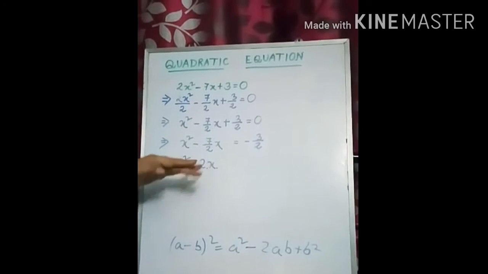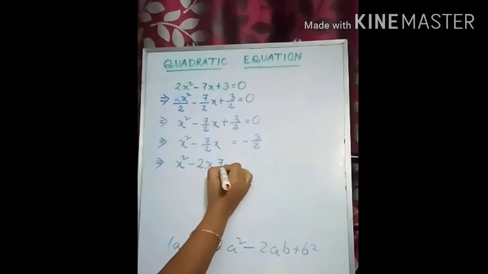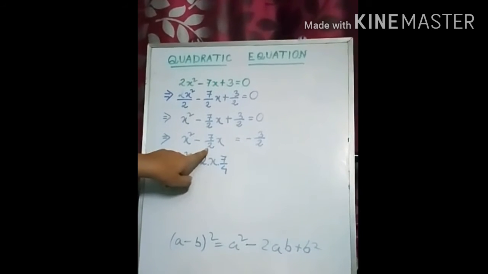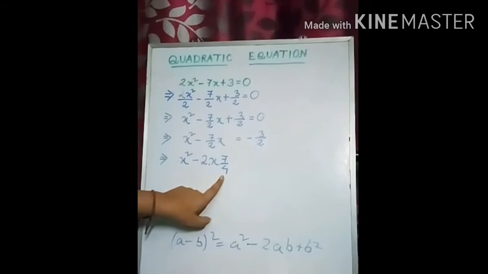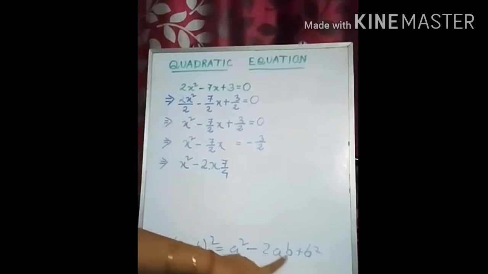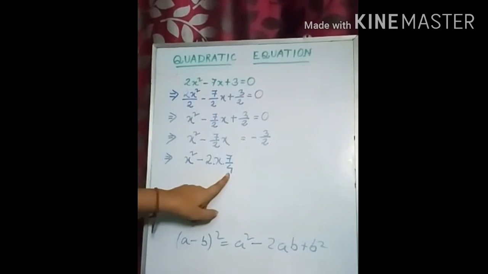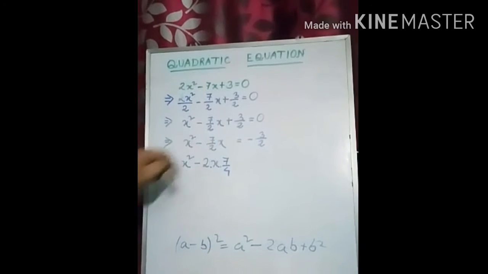I am writing an equal sign, so it should be balanced on both lines. That is why I will write 7 by 4 here. I am writing 2 extra, so you multiply by 2 extra in the denominator. So in place of b, I am writing 7 by 4. So 2 and 4 cancel, and ultimately it will be 7 by 2 x, like the first line.